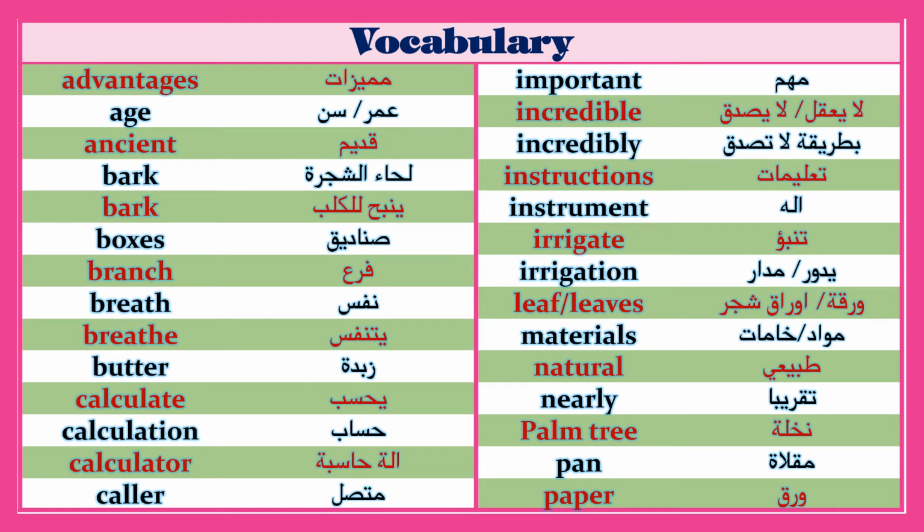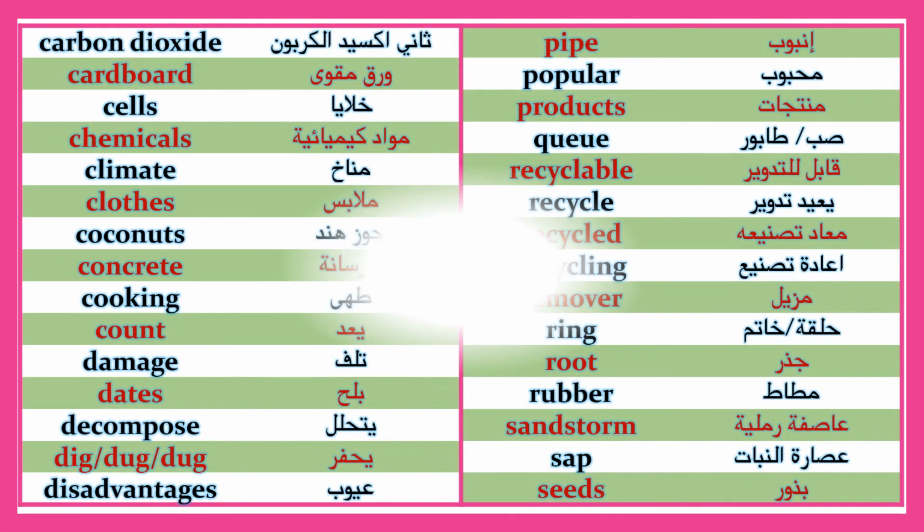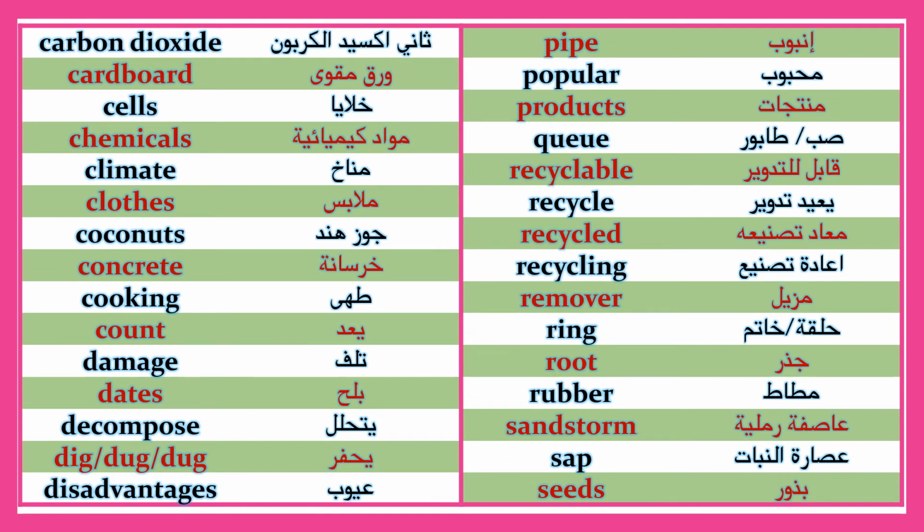Leaf, leaves. Materials. Natural. Nearly. Palm tree. Pan. Paper. Carbon dioxide. Cardboard. Cells. Chemicals. Climate. Clothes. Coconuts. Concrete. Cooking. Count. Damage. Dates. Decompose. Dig. Dug.